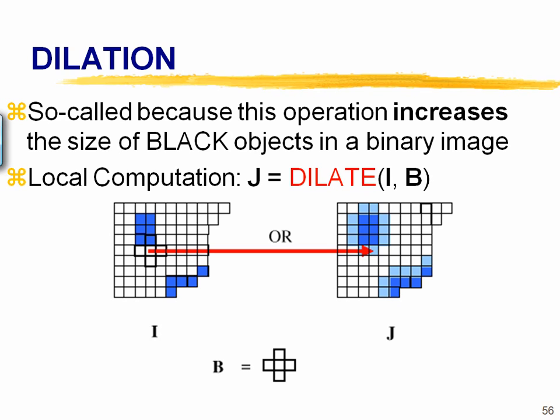I would be able to increase the size of my object to what's in the light blue region, and you would see the same increase over here, and this would be the structuring element that I'm working with. Okay, so simple 3 cross. Make sense? So what you would have done is basically increase the size of the regions that are present.